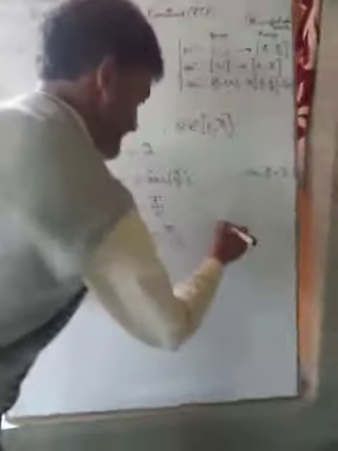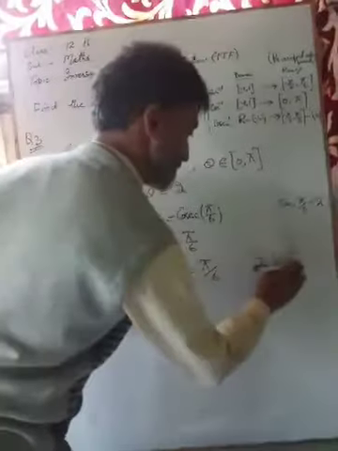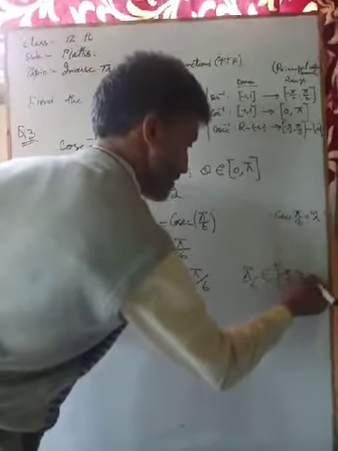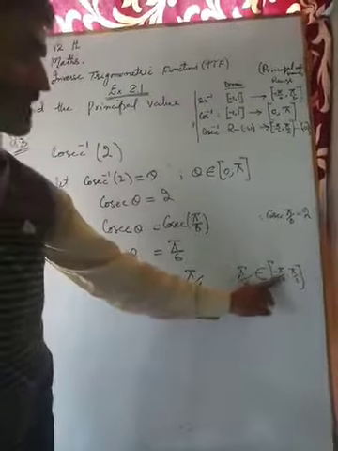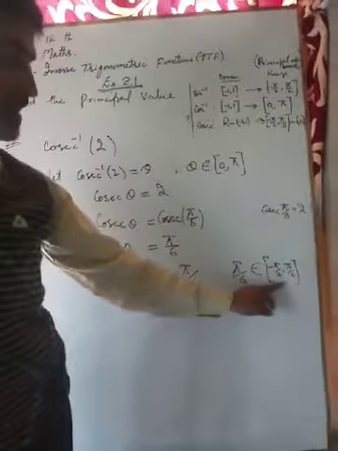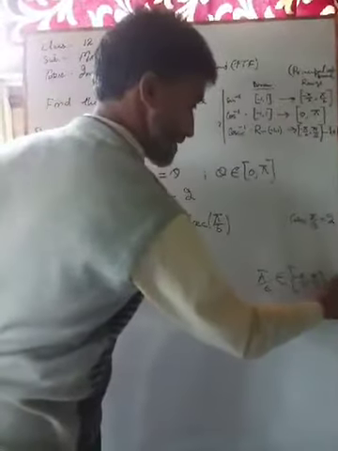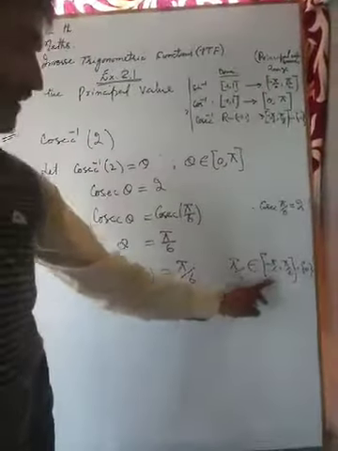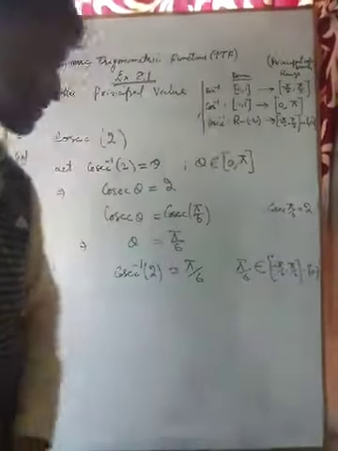As you know that pi by 6 belongs to the interval minus pi by 2 to pi by 2. It lies between minus pi by 2 to pi by 2. इसमें excluding है 0, इसमें exclude कर रहे हैं क्योंकि cosec function is not defined on value 0. 0 is excluded here.